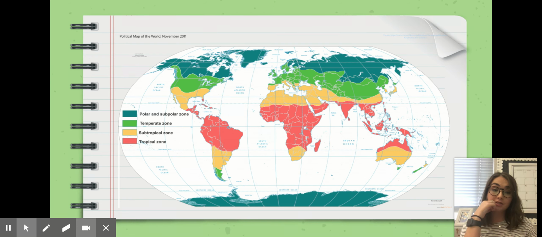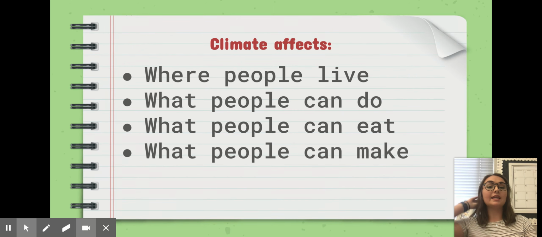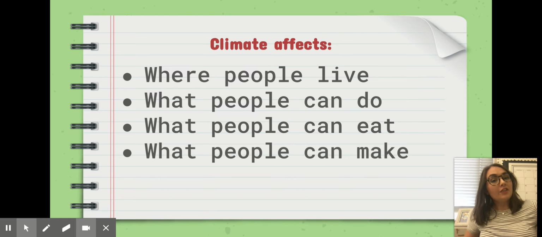You can't snow ski in Louisiana, right? Because that is not part of the climate, it's not accessible. And so climate can affect all of these things. And you don't really realize that the weather, the climate, has an effect on these populations, but it does.